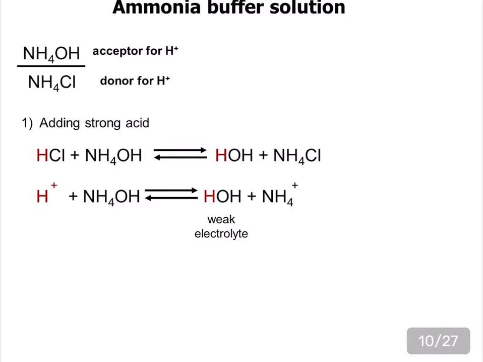So when any strong acid is added to the ammonia buffer solution, it will interact with the acceptor for protons, and as a result, water, a weakly dissociated compound, will form.